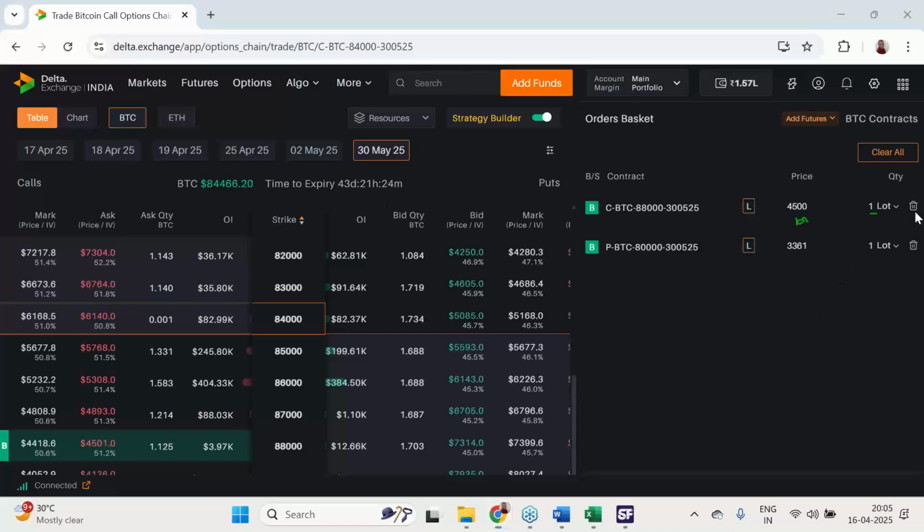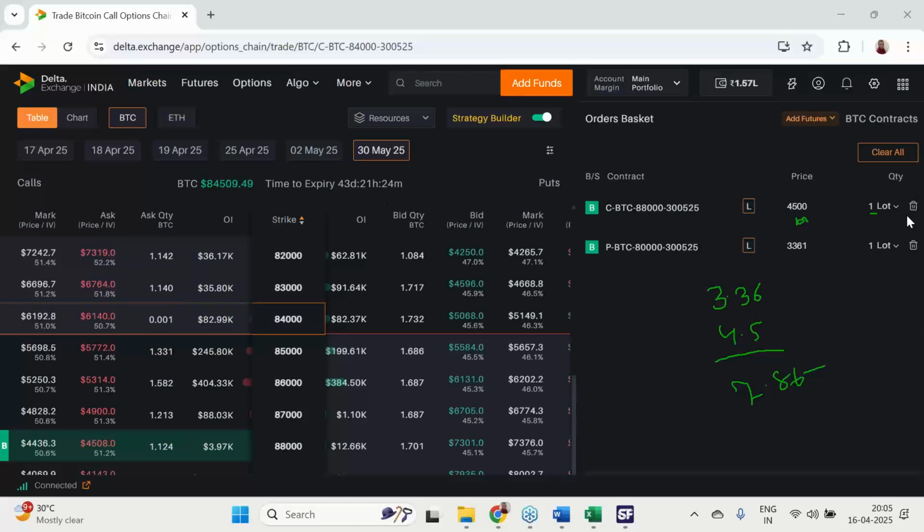Now in both the places, one lot, how much money have I put in? $3.36. I have put in $4.5 here. So total my investment is $7.86.